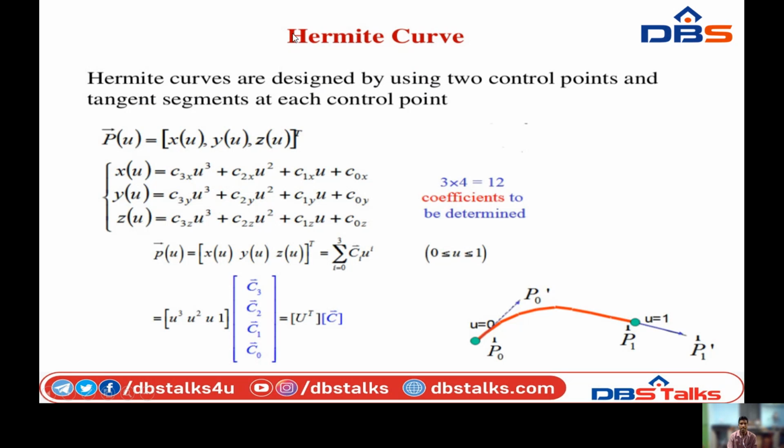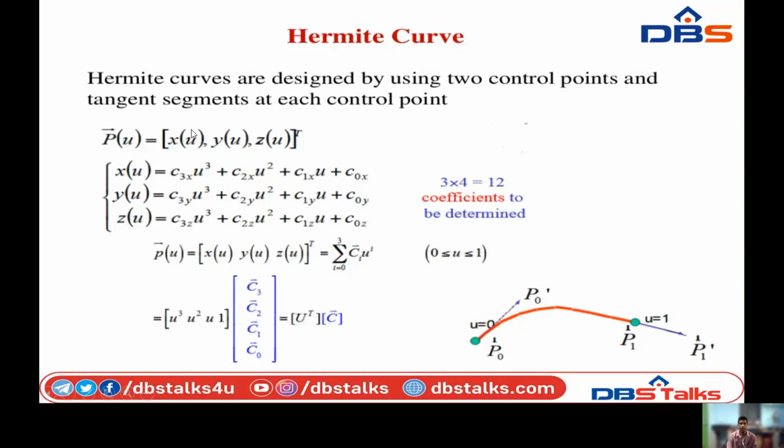Up to now we discussed analytical curves. Analytical means points, lines, circles, chamfers, etc., and planar ruled surfaces, tabulated cylinders, etc. From this slide we are discussing synthetic curves. Synthetic means Hermite cubic spline, B-spline, Bezier curve.